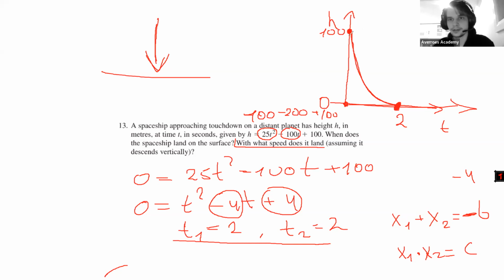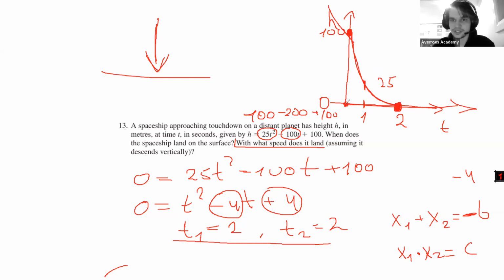So you can find an average velocity from beginning to the end. And in this case, if t equals 1, we are going to be at 25 meters above the ground.